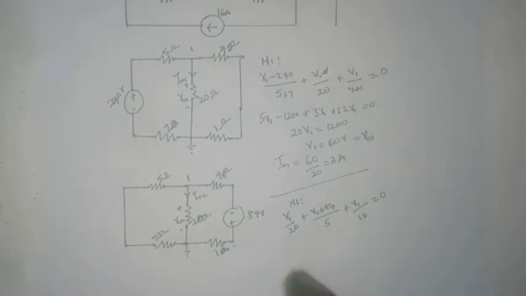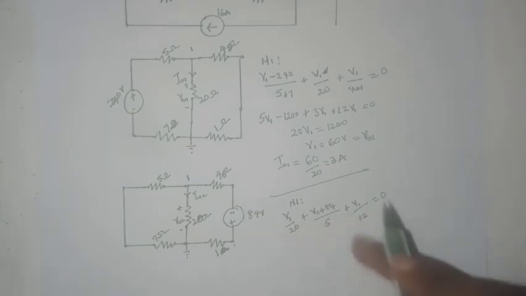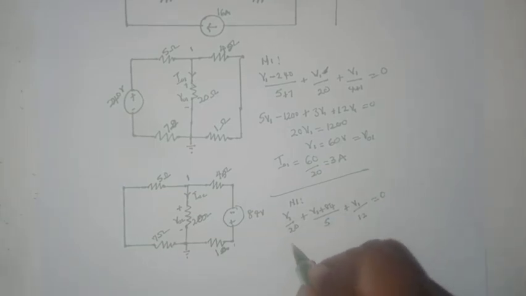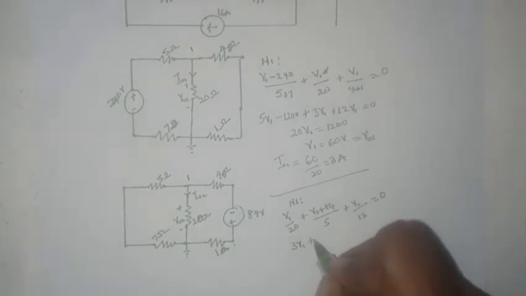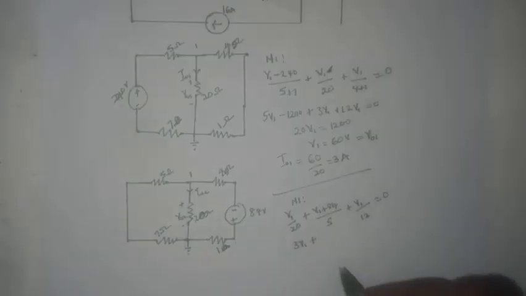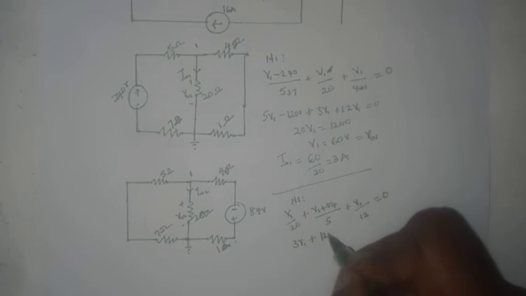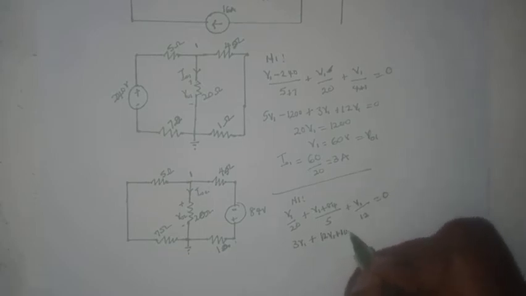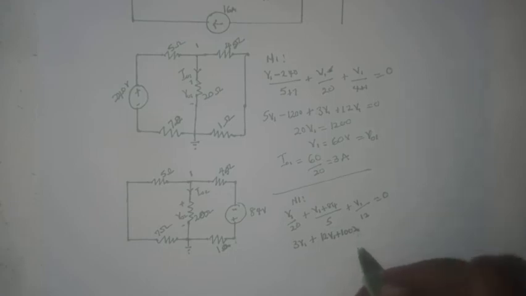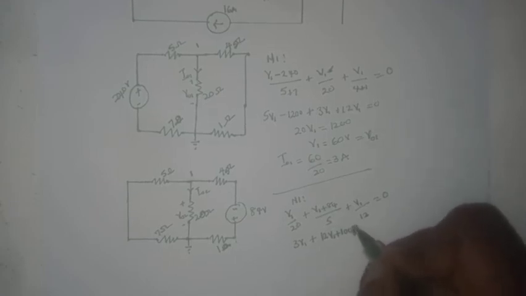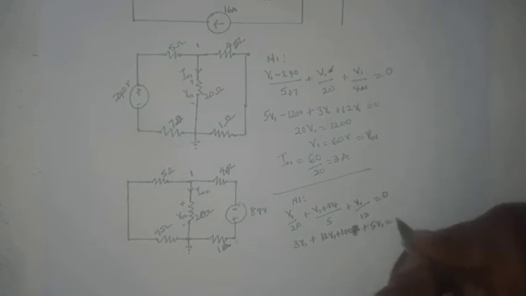We can simply multiply through by 60. That gives 3 V1, plus 12 V1, plus 5 V1 plus 420, all equals 0.